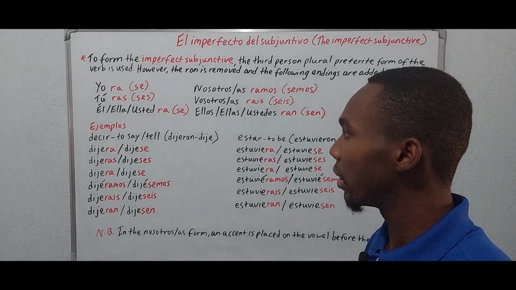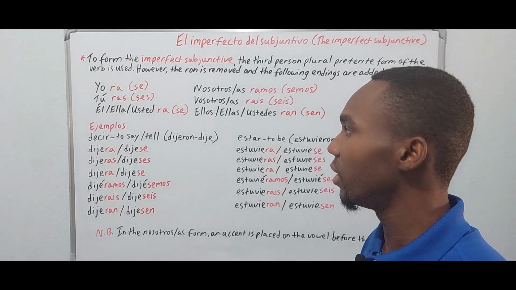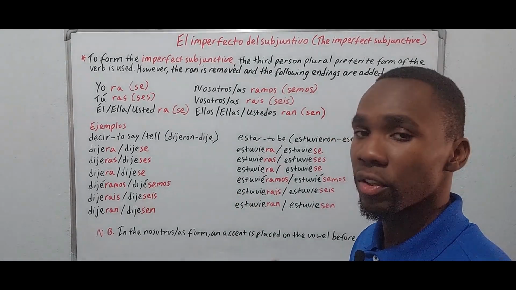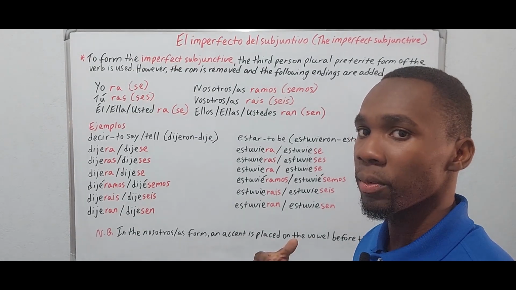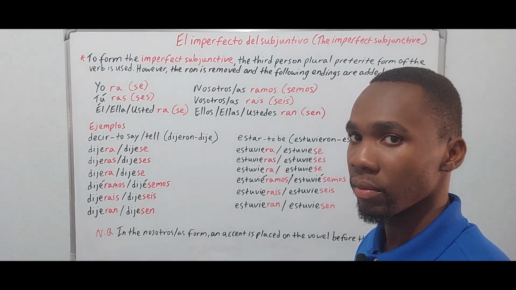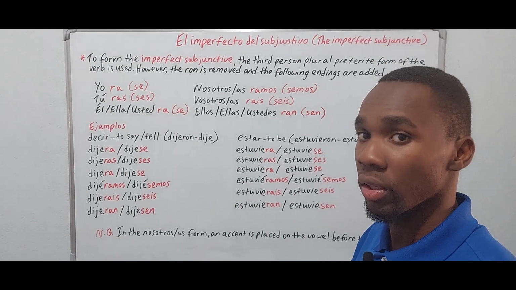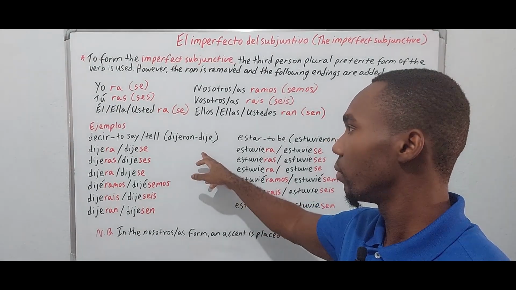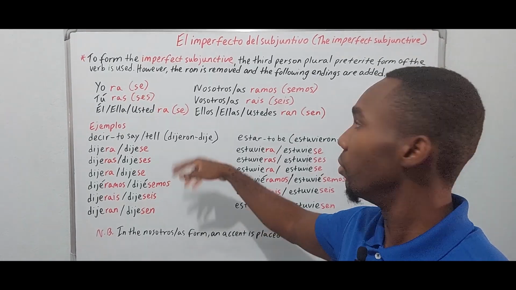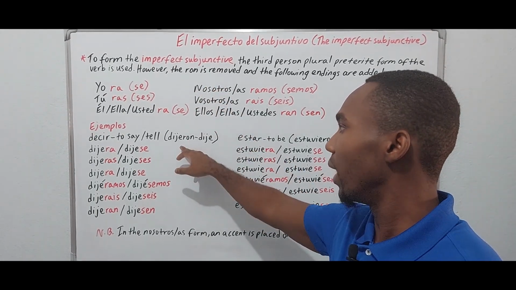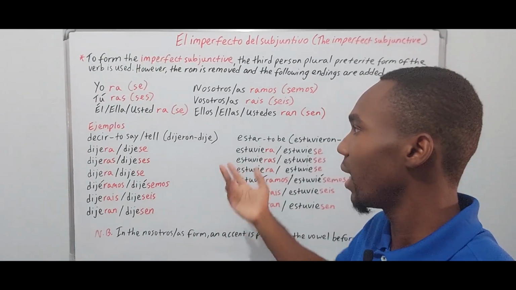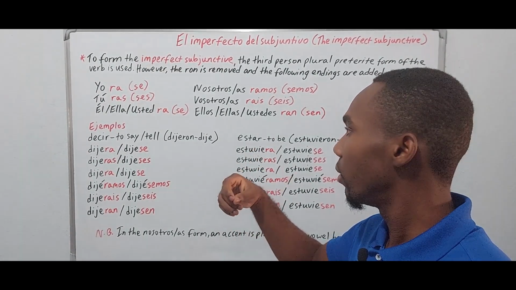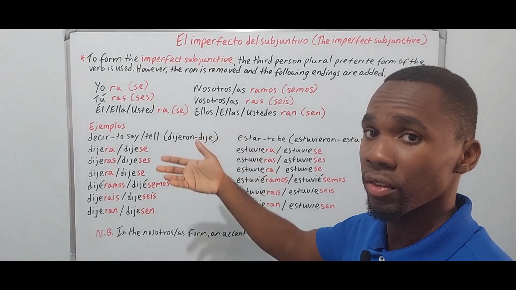Ejemplos. So we're going to look at the verb decir, which means to say or to tell. The first thing we need to do is put the verb in the preterite tense and conjugate it according to the third person plural. So we have dijeron, right? Remember, we removed the ron, so we have dije. So that's the stem basically. Now we will just add the endings according to the different subjects.